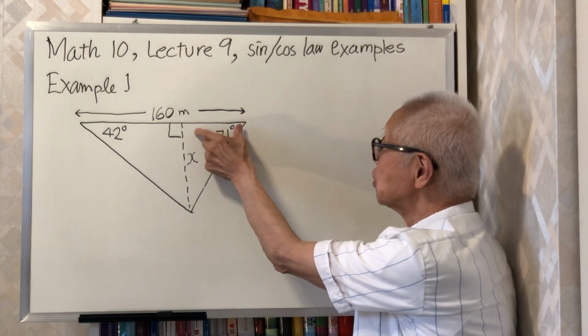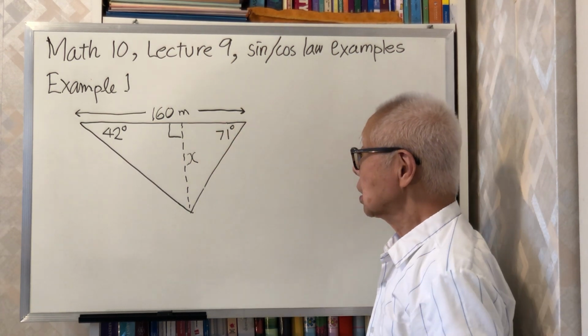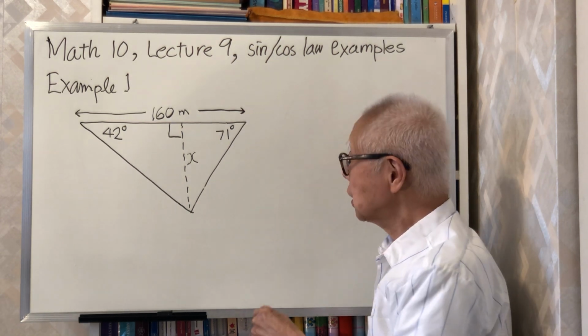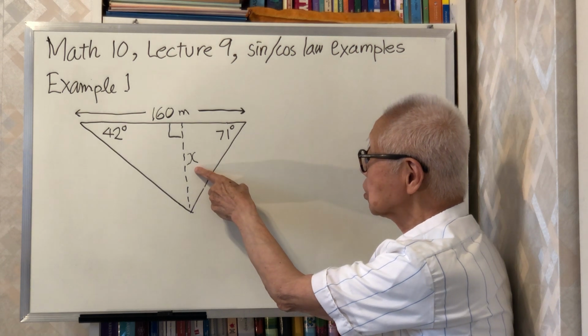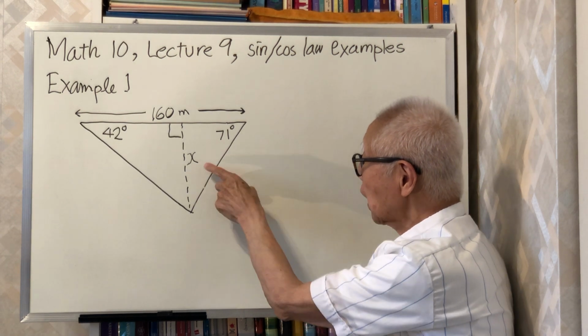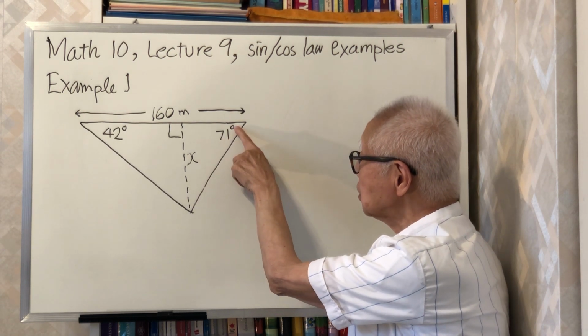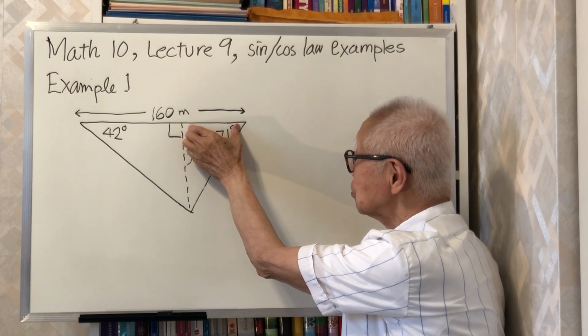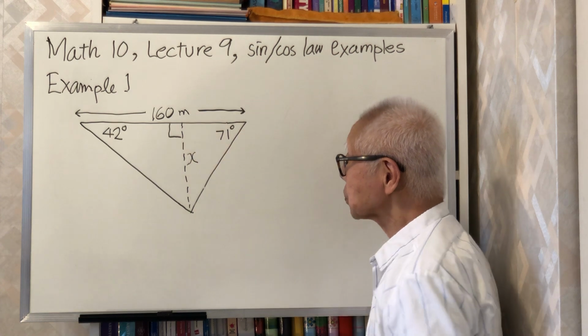How do I find this part? I use the tangent ratio. Tangent 71 degrees is x divided by this length.